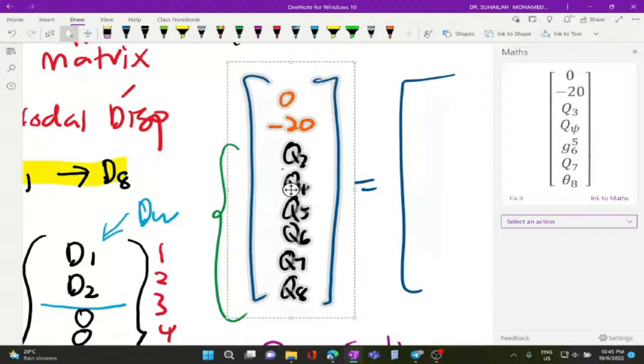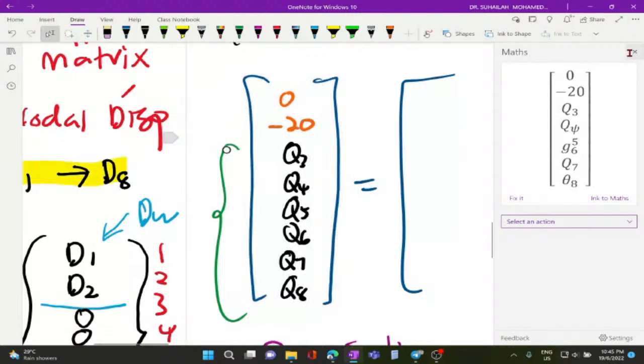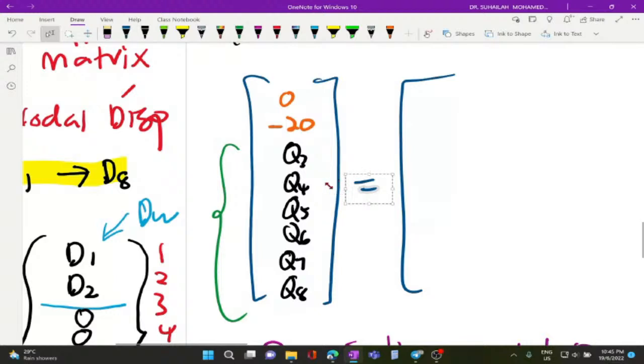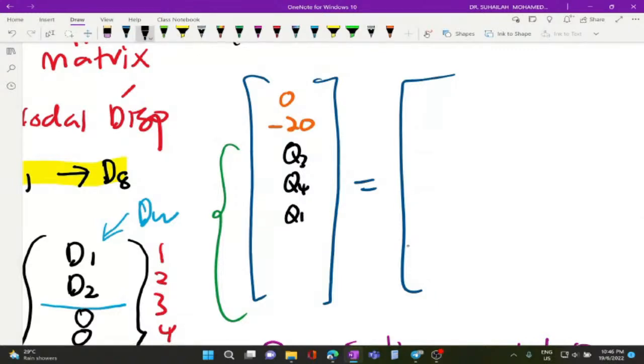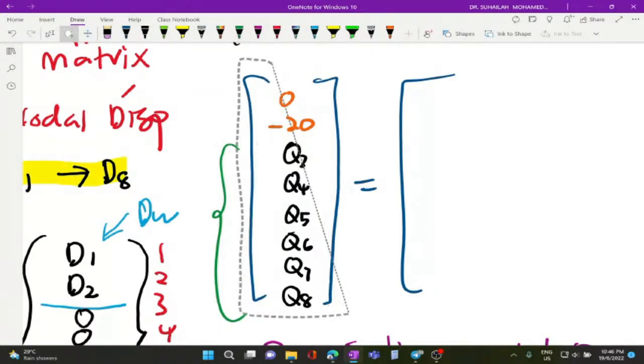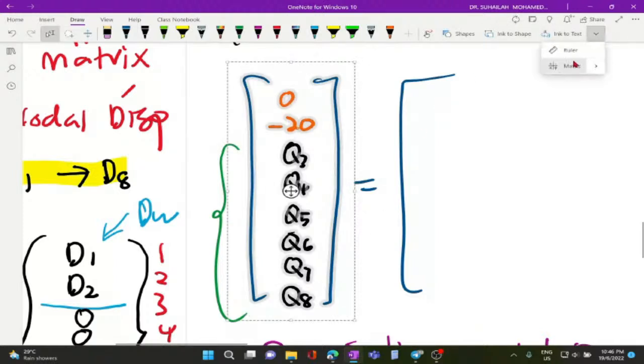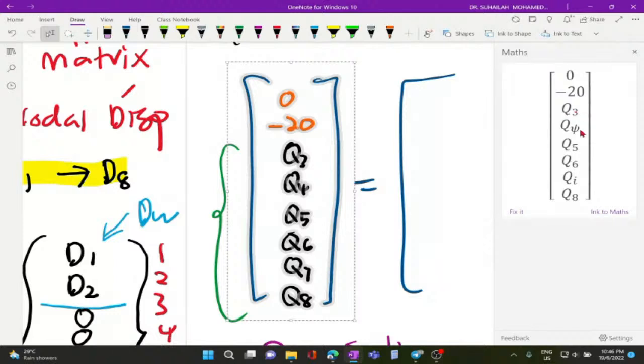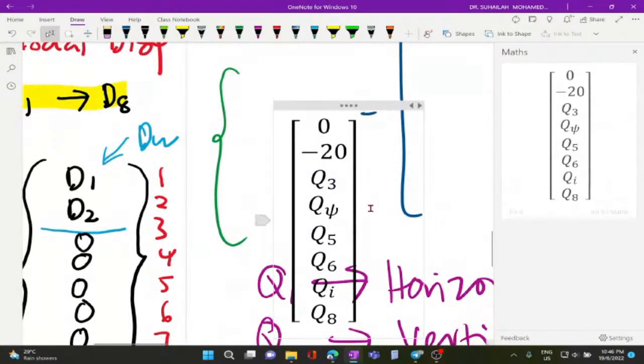Now the labels Q3, Q4, Q5, Q6, Q7, Q8. It doesn't matter, so into the matrix.